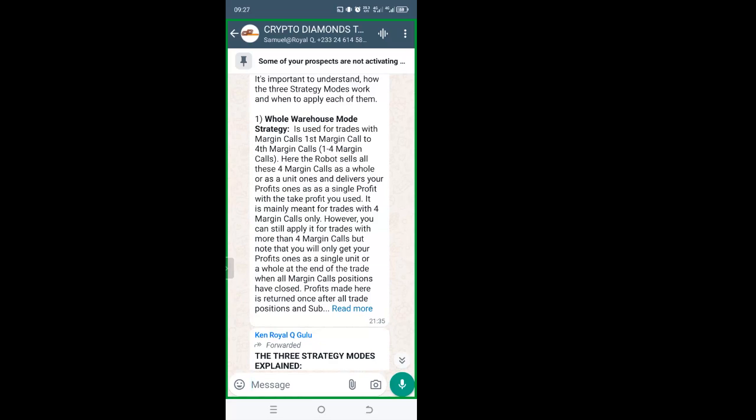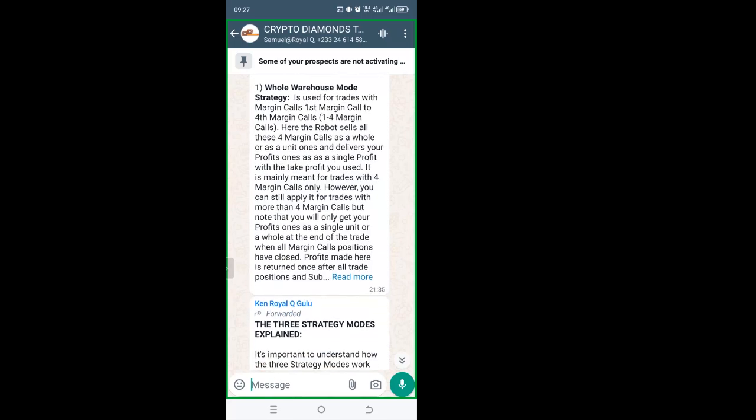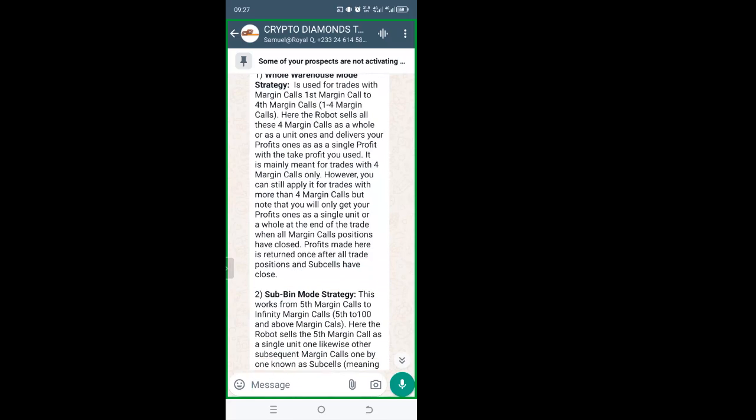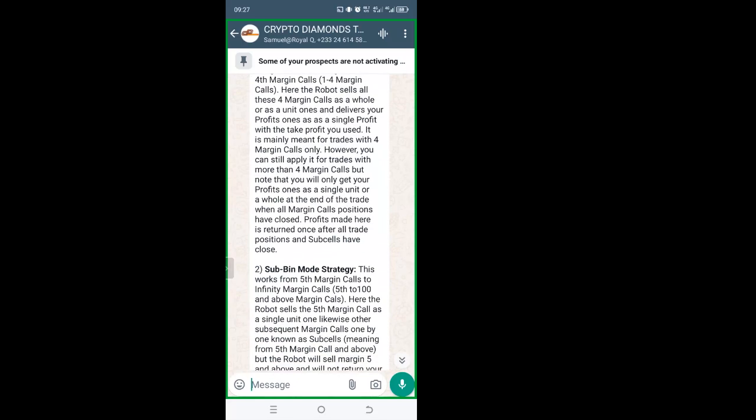However, they're saying, despite that, you can still apply it for trades with more than 4 margin calls. But note that you will only get your profit once as a single unit or a whole at the end of the trade, when all margin call positions have closed. Profits made here are returned once after all trade positions and sub sales have closed.